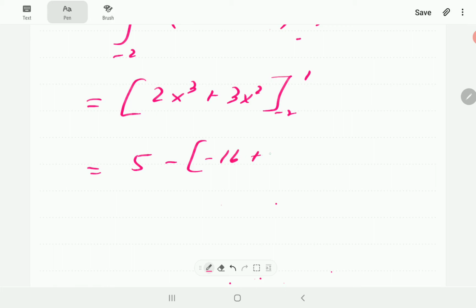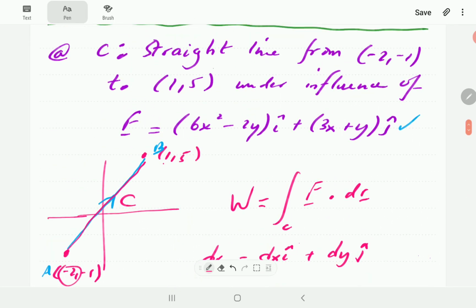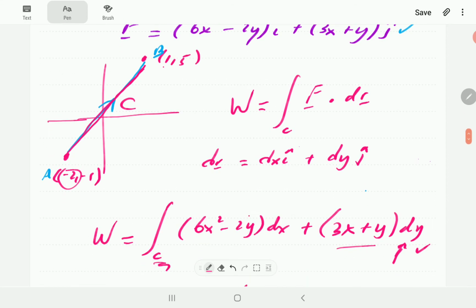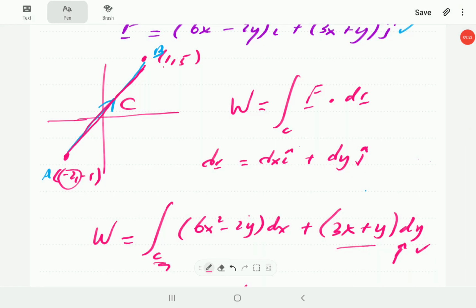This is going to be 12. And so this works out to 9. So the work done in moving an object from this point A to that point B there, under the influence of this vector field, is going to be equal to 9.